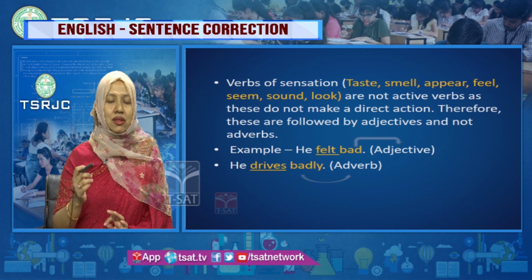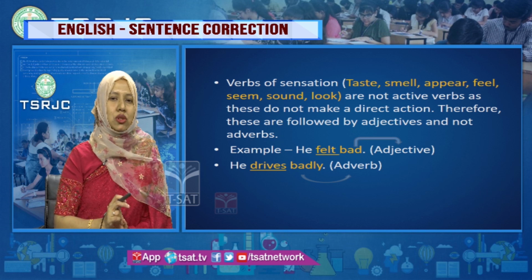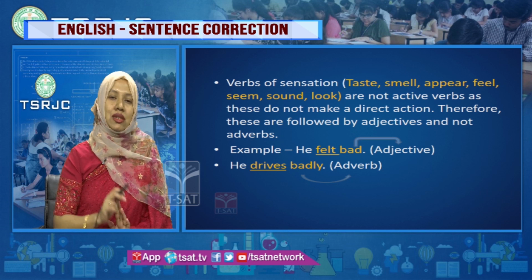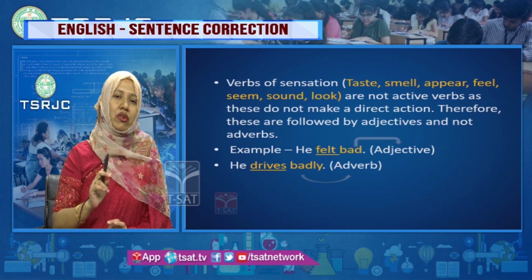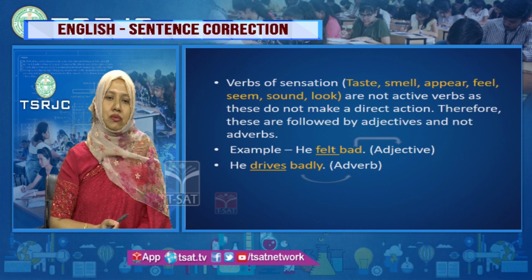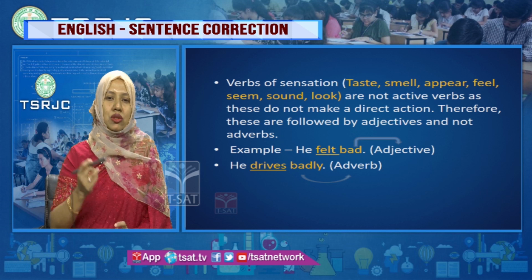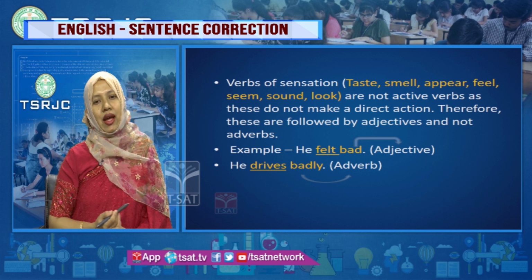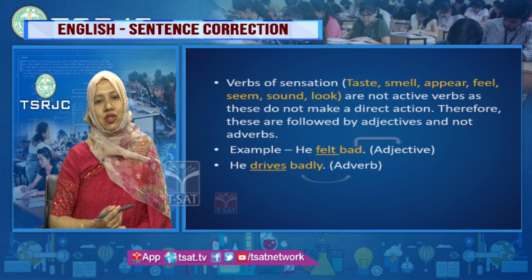In a sentence, sometimes only a helping verb is used along with the subject. Sometimes there are two verbs, helping verb plus main verb. So never assume that these verbs of sensation like taste, smell, etc. are active verbs. They are not active, they are passive. Let me explain with an example.